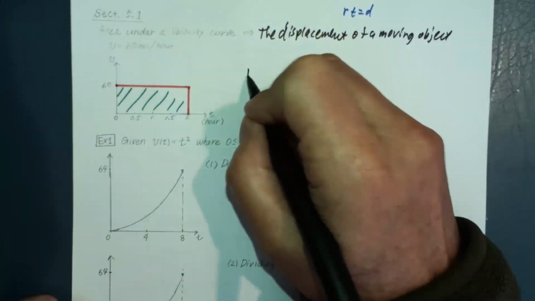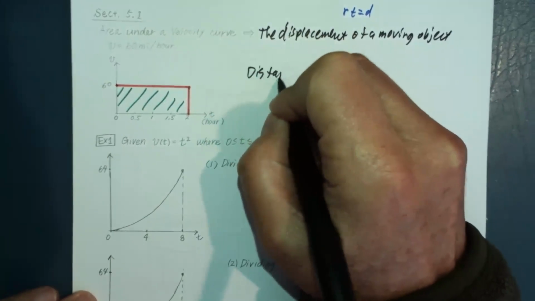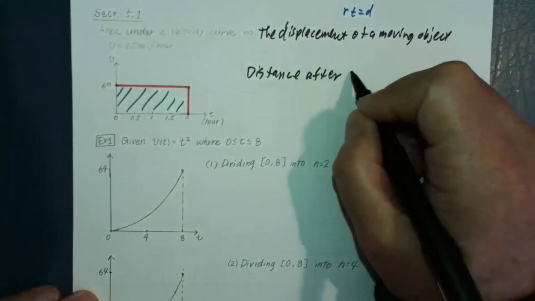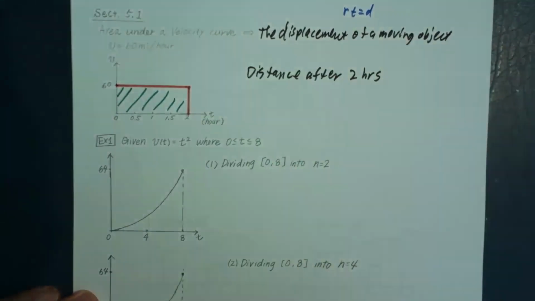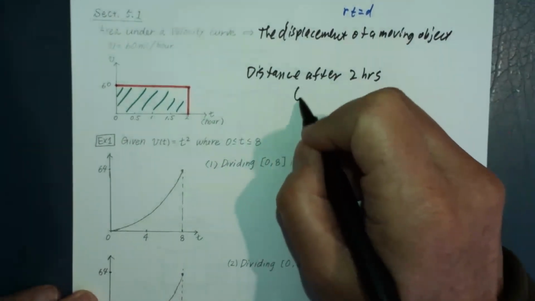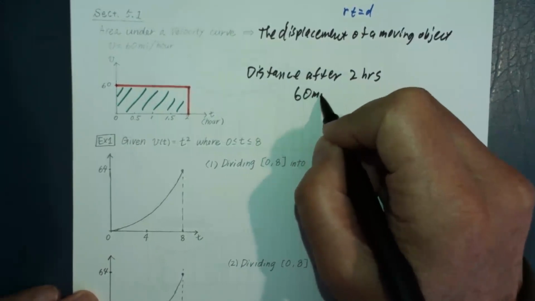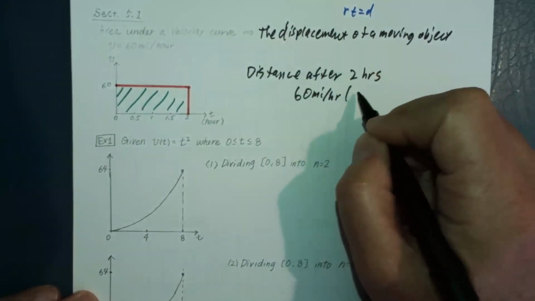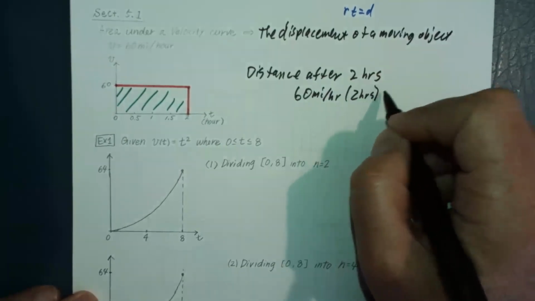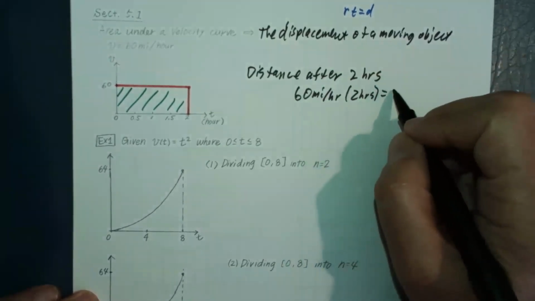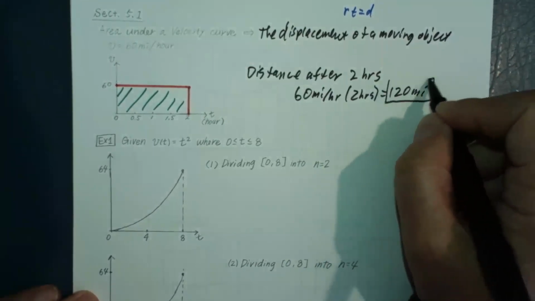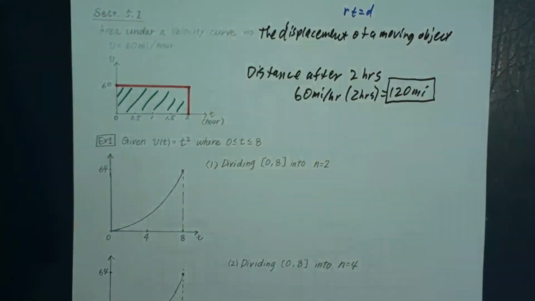So the distance after 2 hours is 60 miles an hour, rate times time, 2 hours, is our distance, which is going to be 120 miles, which corresponds to the area under the curve here.